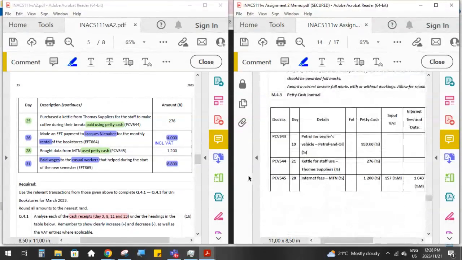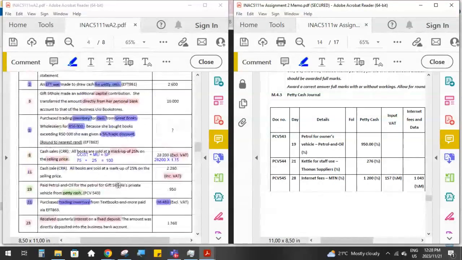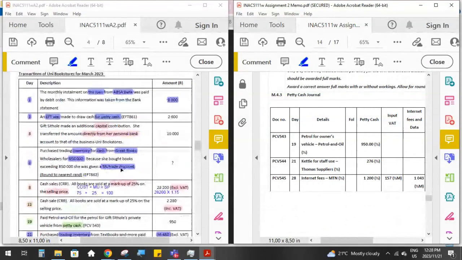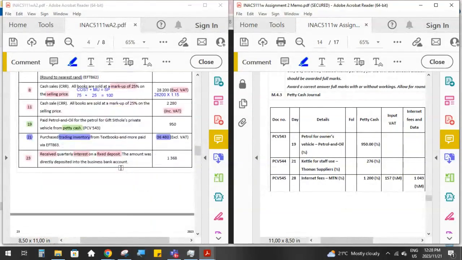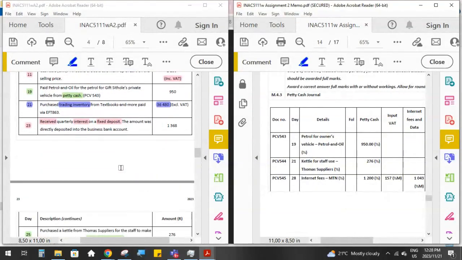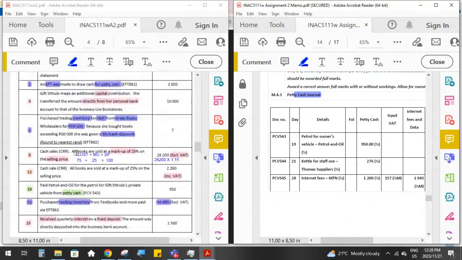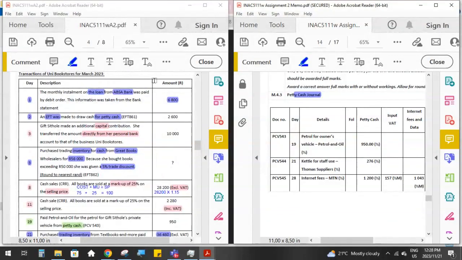And then the petty cash, we've just got 3 items there. These are our green ones, the 19th, the 21st, and the 28th. So only those amounts that are paid out of the petty cash box will go into the petty cash journal. There were quite a lot of students that included this amount that was paid into the petty cash box in the petty cash journal as well.